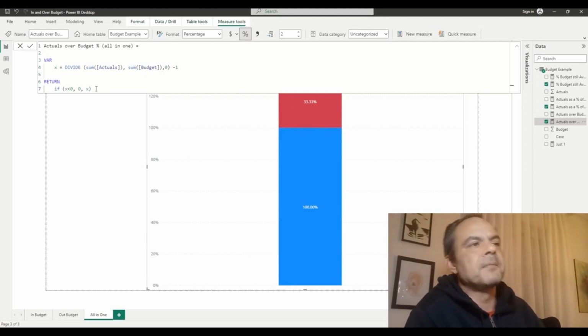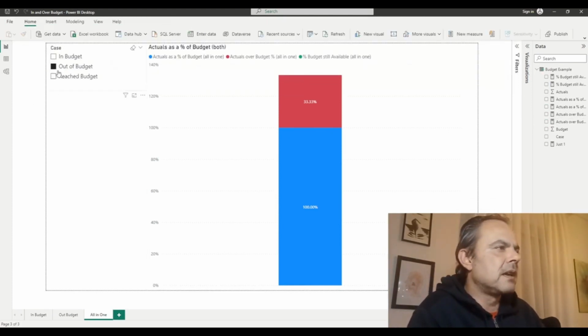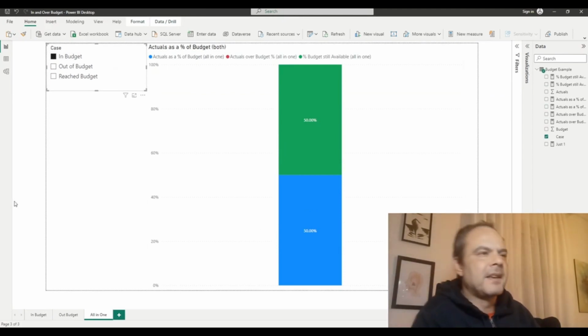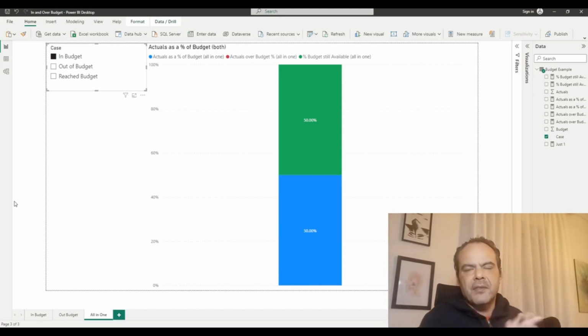So when the actuals are less than budget and the actuals over budget percentage is negative, it stops at 0. So in the in-budget case, we have no red bar. So this covers all the 3 scenarios that we can have. And this is a very simple way, without defining KPIs or doing strange manipulations, to actually create this polymorphic, should we say, end result that the client wanted.